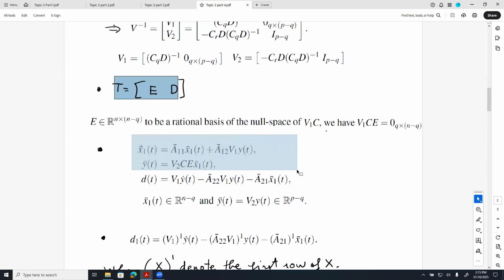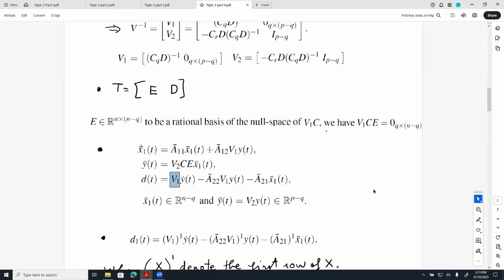Now, in this reduced order system, as we can see, this is a disturbance-free reduced order system. The reason for that is we decouple, we obtain the unknown input vector. Every single unknown input is represented in this vector d of t here. And that's why this V1 here is a matrix of dimension q by p.